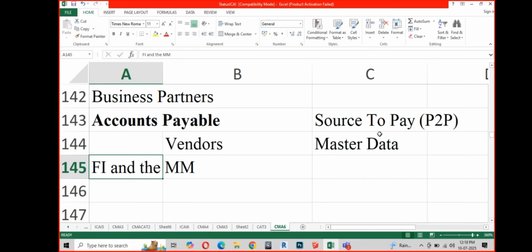You are paying them cash on a transactional basis. Or you may do some bulk purchases every month. So you pay some 5,000 rupees for the entire month to your stationery vendor or tea vendor, so you need not create a separate master data for these kinds of vendors. Same thing applies to your customers also.